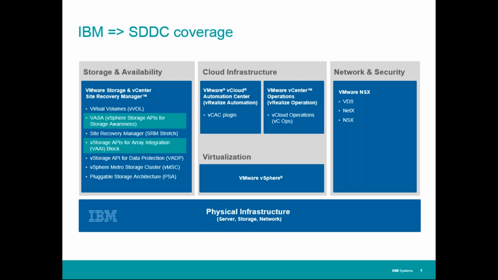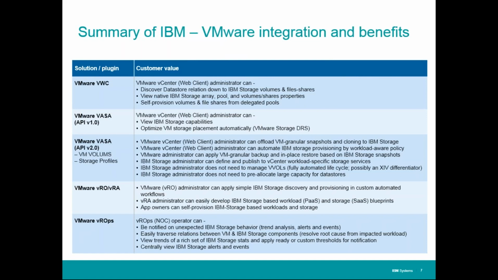So all those core integrations are running today, and the same is applicable for vRealize Automation, vRealize Operations, and VMware NSX. So this is a critical element, and I see the work that the engineering groups on both sides of the fence do to make certain that this runs and is released on time.